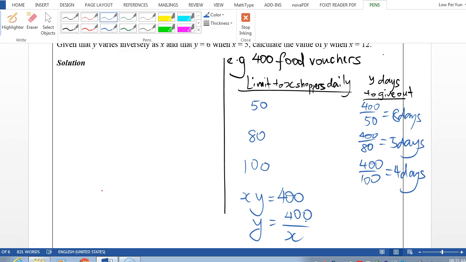We have established that when X increases from 50 to 80 to 100, my Y will decrease from 8 to 5 to 4. So that is inverse proportion.